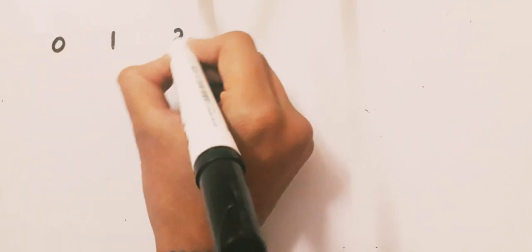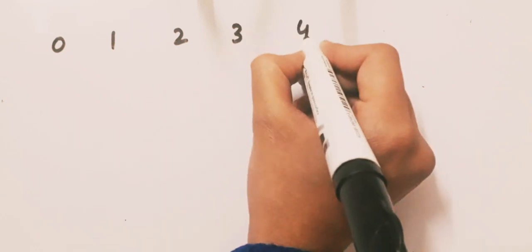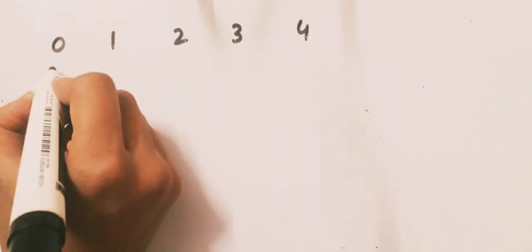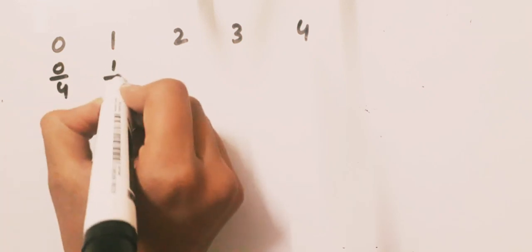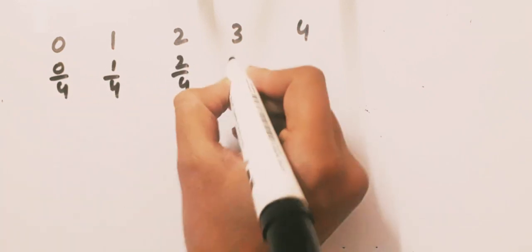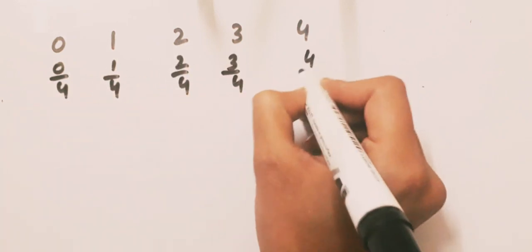Now before starting this question, I will share a trick how to learn trigonometric ratios. First of all, write numbers as 0, 1, 2, 3 and 4. Divide all these numbers by 4. So 0 by 4, 1 by 4, 2 by 4, 3 by 4 and 4 by 4.